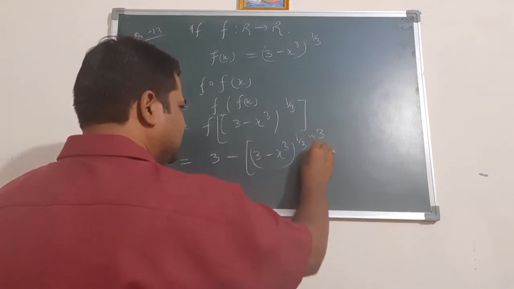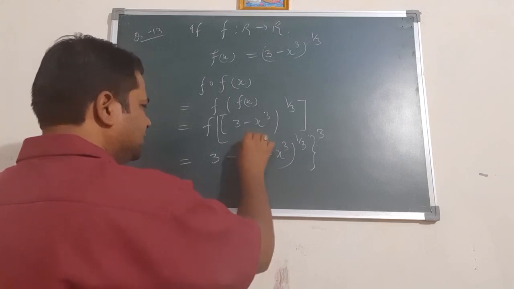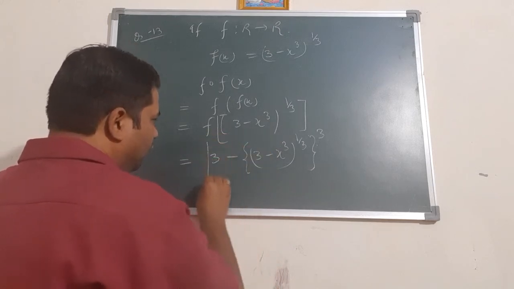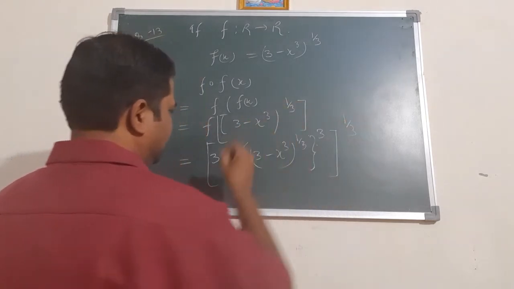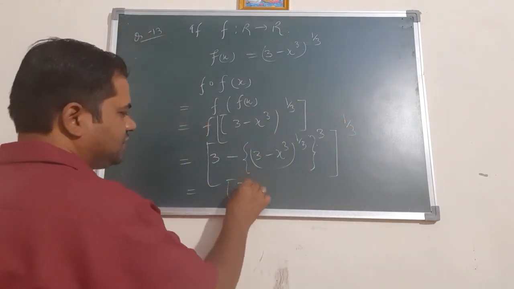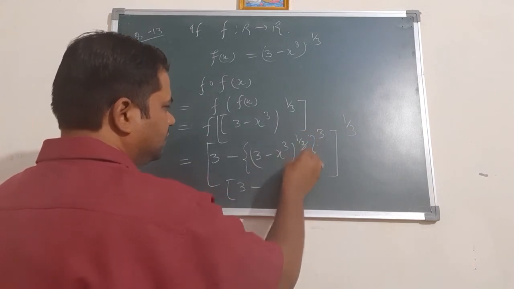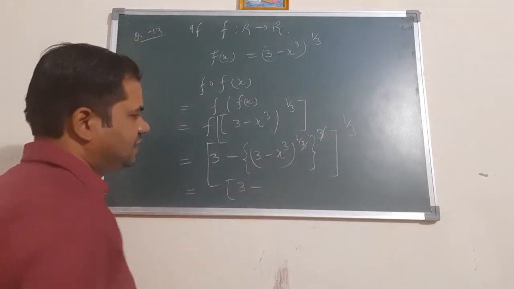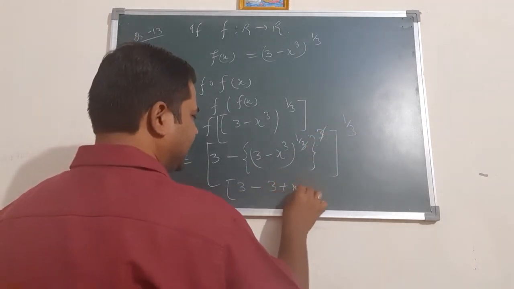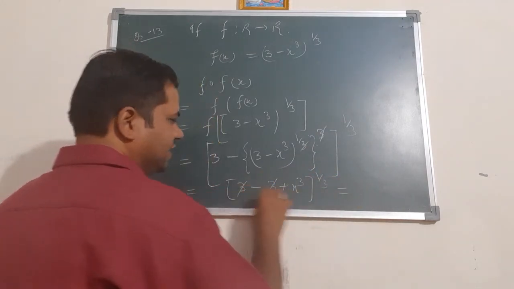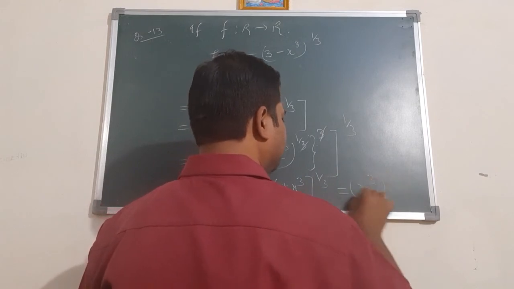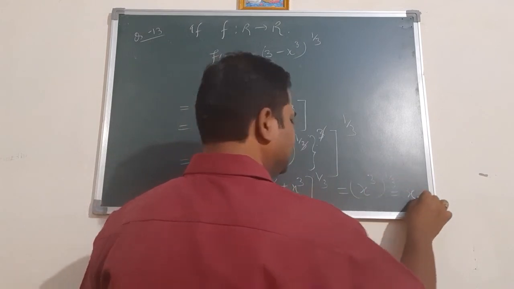Use this curly bracket, and the whole power 1/3. So this is 3 minus, this one is cancelled, 3 plus x cubed, whole to the power 3, 3 cancel, x cubed to the power 1/3, and this is x.